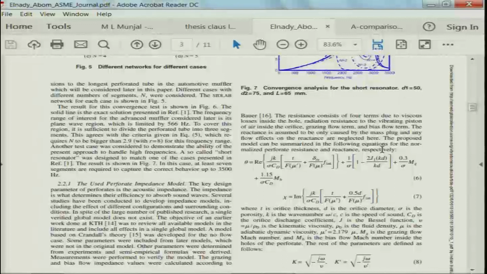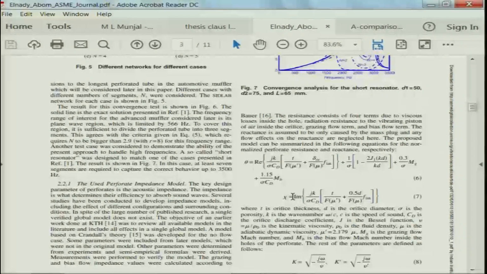In such a situation grazing and bias flow can occur simultaneously, and determination of these things is not trivial. It is a research problem in itself. In such a situation this formula is applicable, but it is also applicable in simplified situations like CTRs, where you just have grazing flow, or you can also have a cross flow in the other configuration that I briefly talked about.